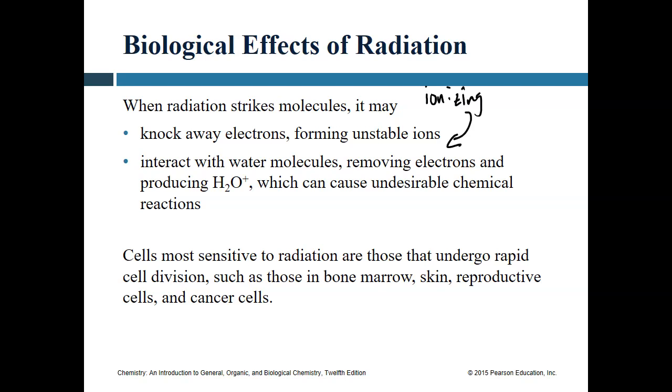Our skin rapidly regenerates and reforms itself continually. But if we want to look at other places, things like your bone marrow or your reproductive cells, those cells, because they are in constant activity, tend to generate constant activity.